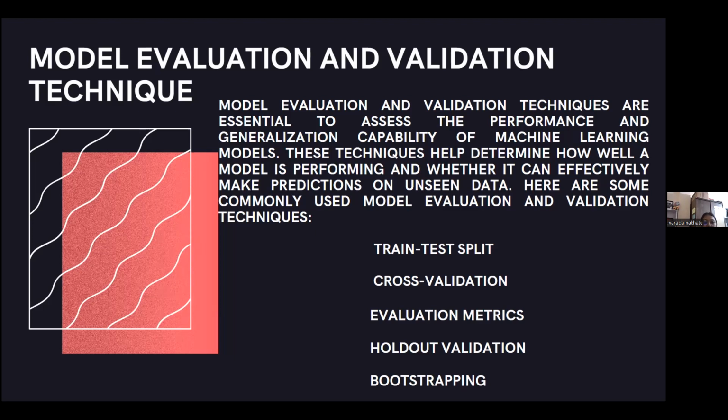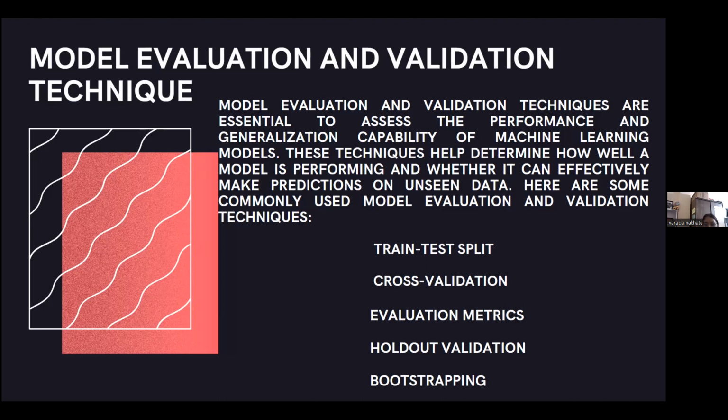Now in cross validation, we again estimate the model performance. In this, we split our data into multiple subsets. Like in train-test split, we were just splitting it into two, but here we split it into multiple sets. The most common cross-validation technique we use is K-fold cross-validation, where we divide the data into K number of subsets, and the model is trained and tested on those.